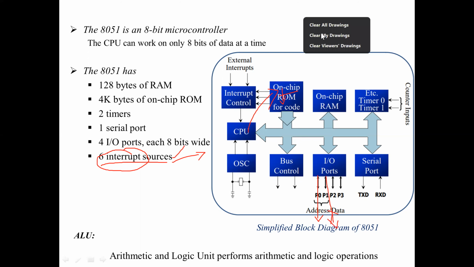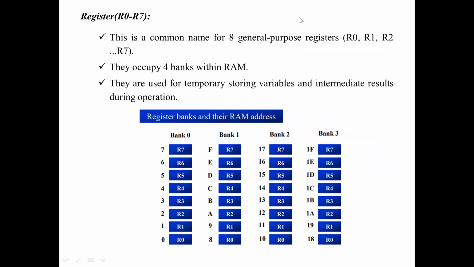Coming to registers R0 to R7. As I told you, inside the RAM we have 4 banks: bank 0, bank 1, bank 2, and bank 3. The locations start from 00 to 1F. All the registers inside the banks have uniform names.